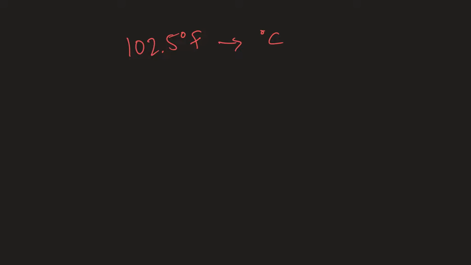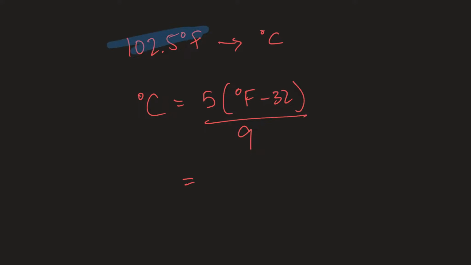As I stated before, Celsius is equal to 5 times the degrees Fahrenheit minus 32, all over 9, okay? Let's plug these numbers into the equation. Here is my Fahrenheit, and I'm going to substitute it here.